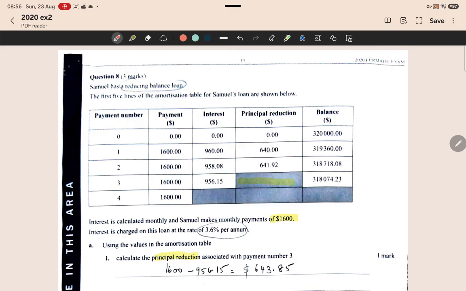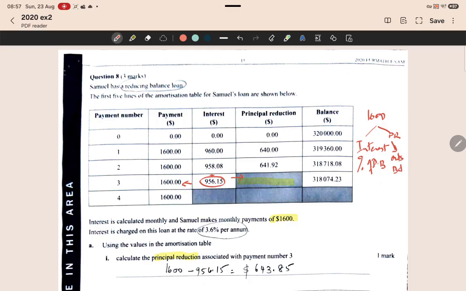So we know that the interest plus the principal reduction should be equal to the regular payment, because when you make repayments, your repayment first goes towards the interest that's calculated, which is a percentage of the previous balance, and then the remaining, which is called principal reduction, goes towards reducing your outstanding balance.